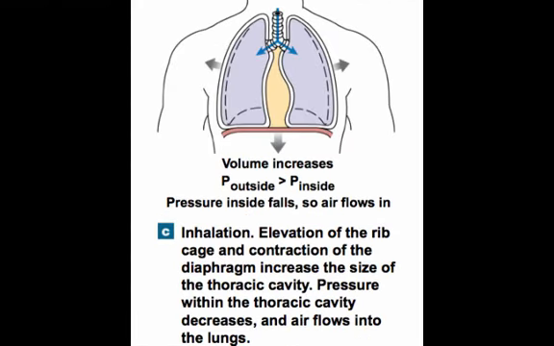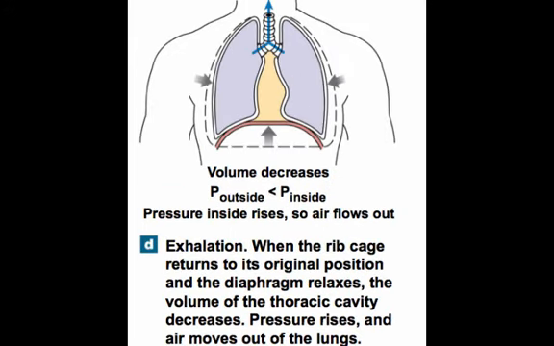When the volume in the thoracic cavity increases, the pressure decreases. Now the pressure inside the thoracic cavity is lower than the pressure in the atmosphere. Gases move from high to low pressure, so gas will move from the atmosphere into the lungs. This is called inspiration. When the muscles relax and the volume of the thoracic cavity decreases, pressures rise, and air moves out of the lungs and into the atmosphere again.